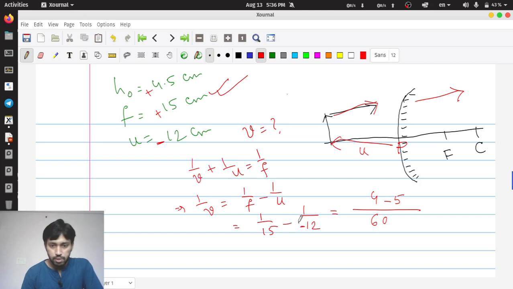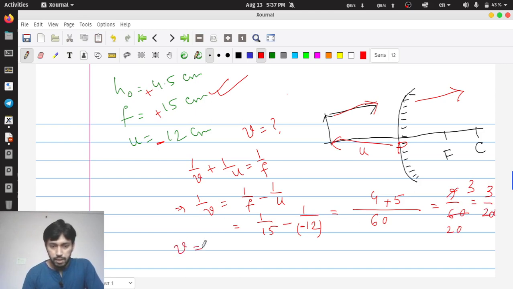The LCM will be 60, so this is 4 plus, and so this is 9 by 60, which is 3 by 20. So 1 by V equals 3 by 20.